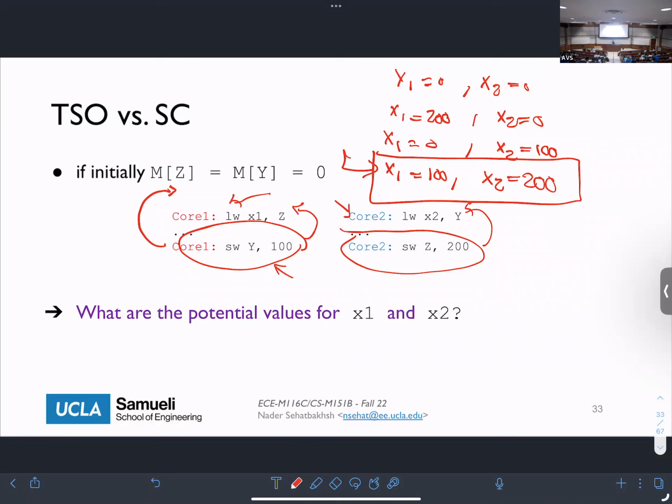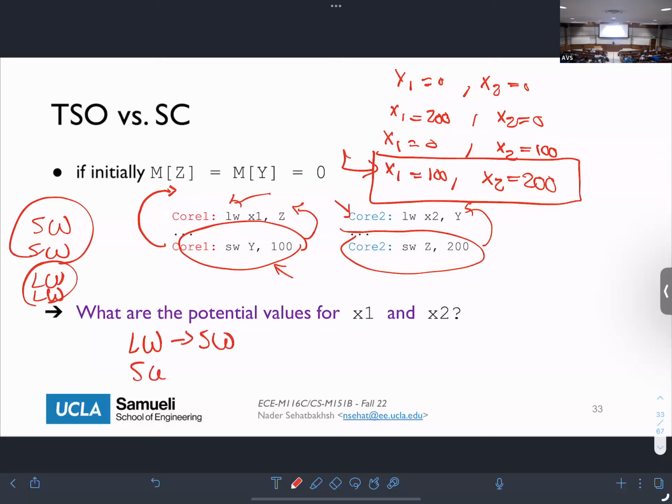Remember, TSO was basically saying that I cannot reorder stores, I cannot reorder loads. What can actually be done is I can move loads after stores or stores after loads. That's totally valid in TSO.